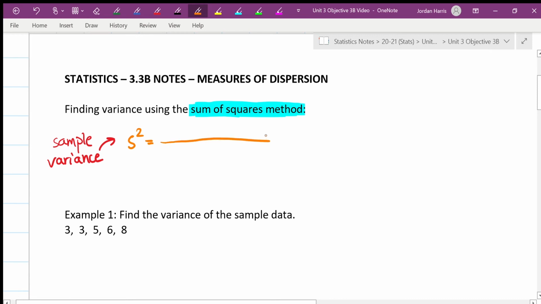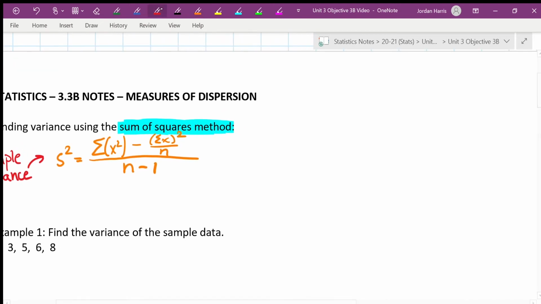But for the sum of squares method, you're going to sum a bunch of squared values. So we have the sum of x squared minus the sum of x, then squared, divided by n, all over n minus 1. Notice that the n minus 1 piece still comes into effect.